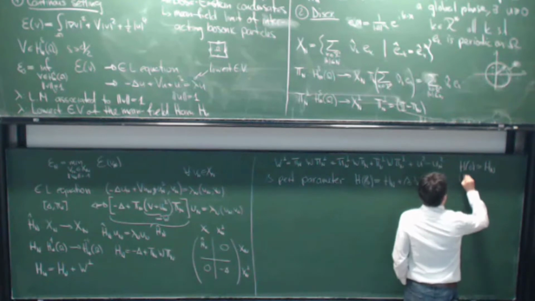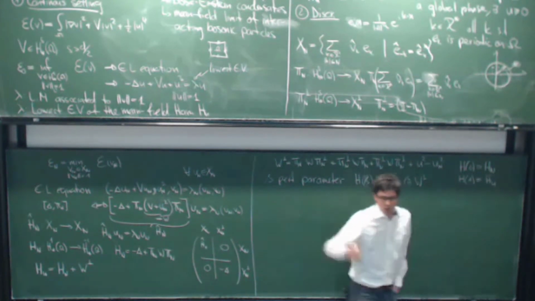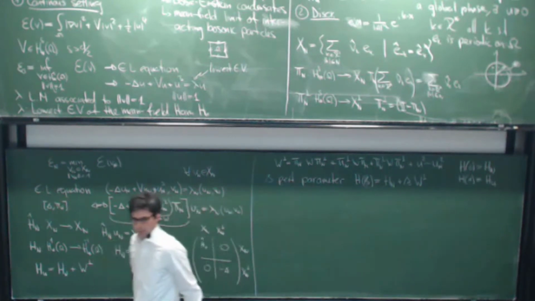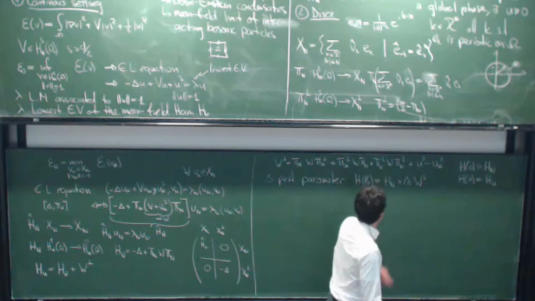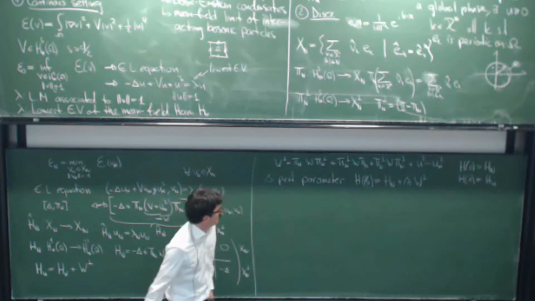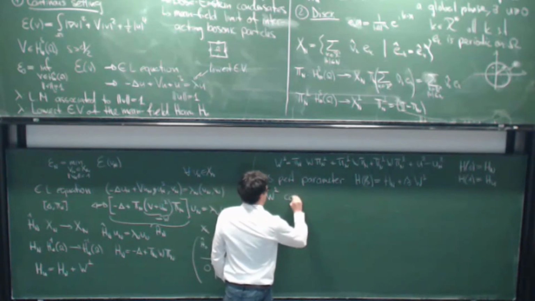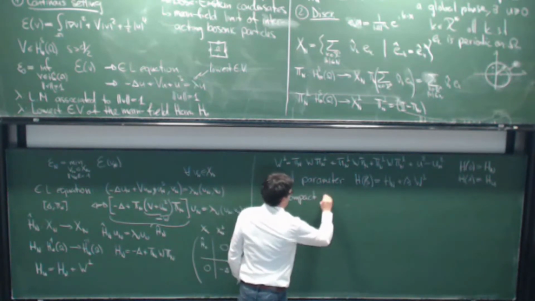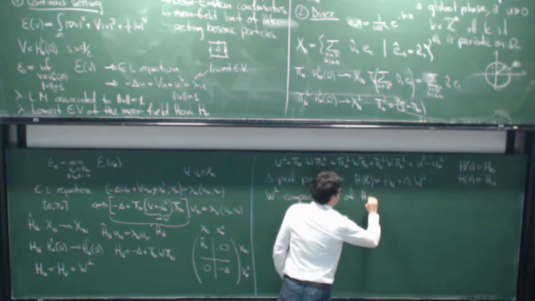And h of 1 is the exact Hamiltonian, which is what we want to approximate. Now the point is that W perp is a compact perturbation of the discrete one.